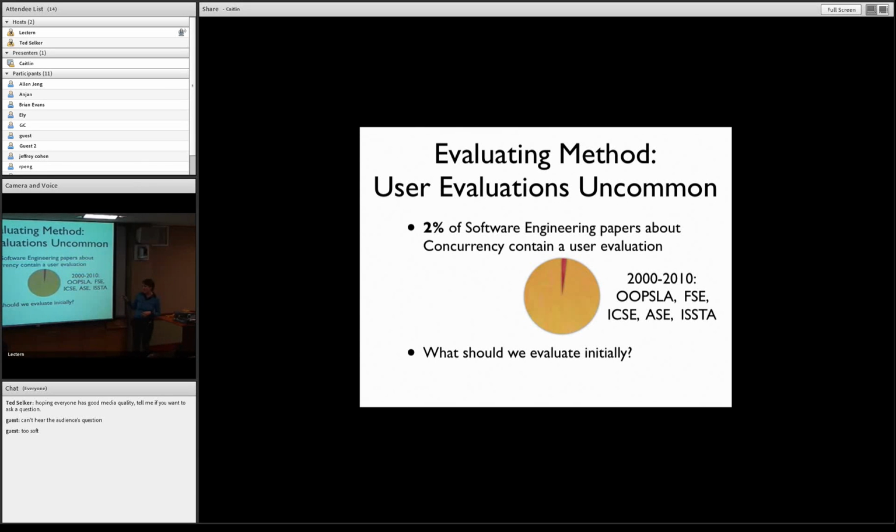A big challenge is, we wanted to do an evaluation of this idea that cooperability could help people reason about their programs. To some degree, the best evaluation is going to be actually people in industry using it. But we wanted to initially evaluate something small, and look at whether this was helpful at all.